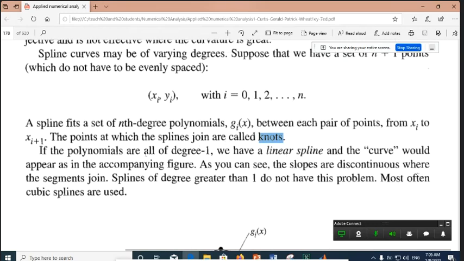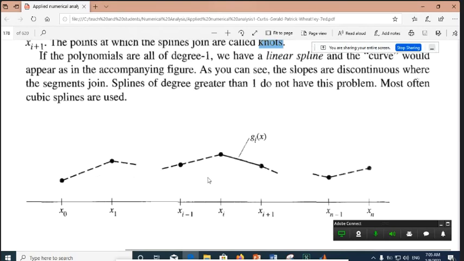If the polynomials are all of degree 1, we have a linear spline. You can see here we have a linear spline approximation of points. It is simply made by connecting the dots, the adjacent dots on the paper.